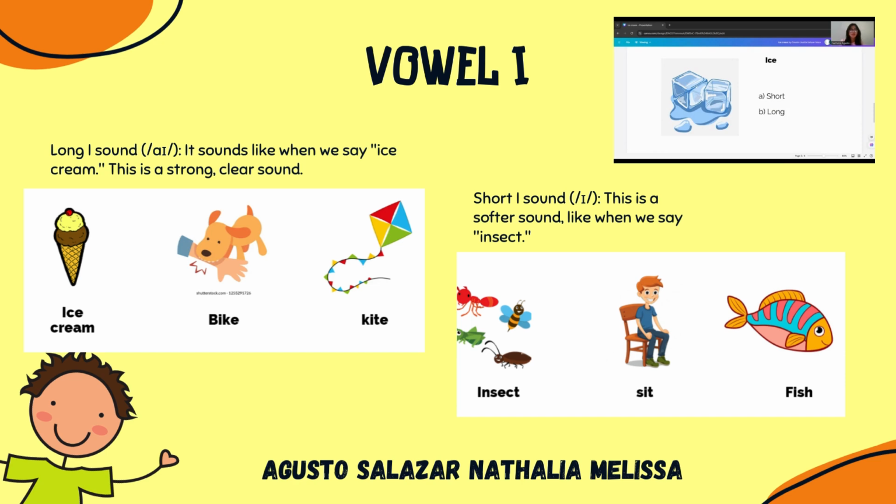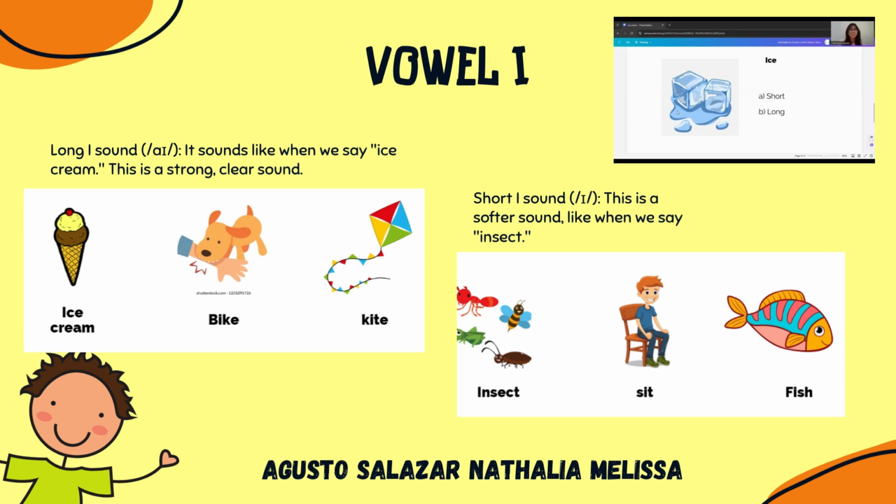Now we're going to do a mini quiz. I'm going to show you some pictures. You have to think and answer to yourself what the sounds are. I'm going to classify them into short sound and long sound. Then I'm going to give you the correct answer.